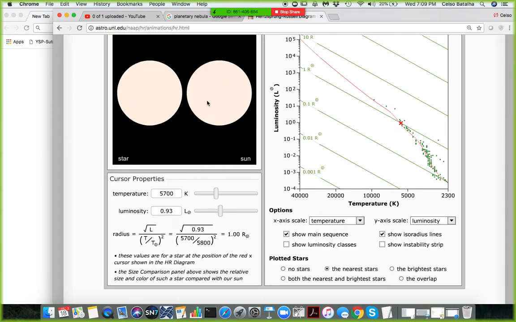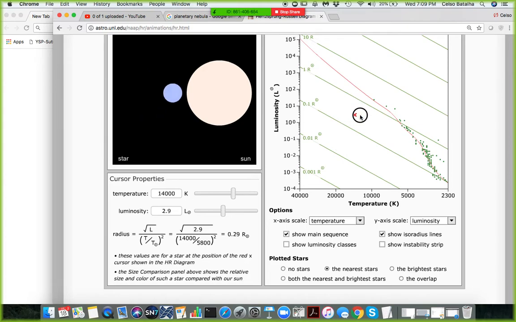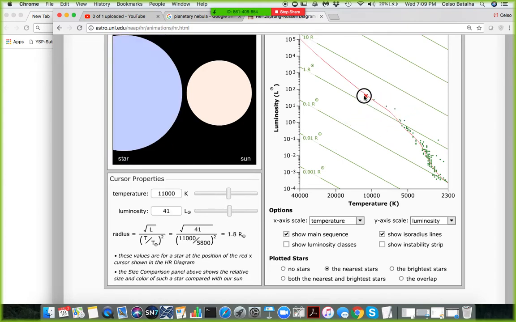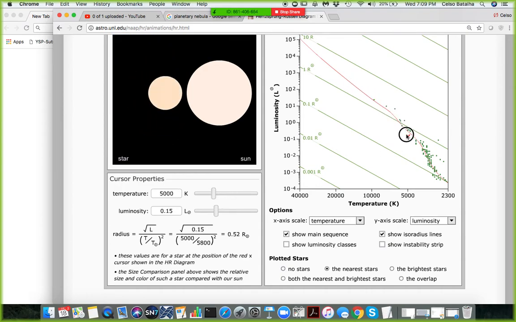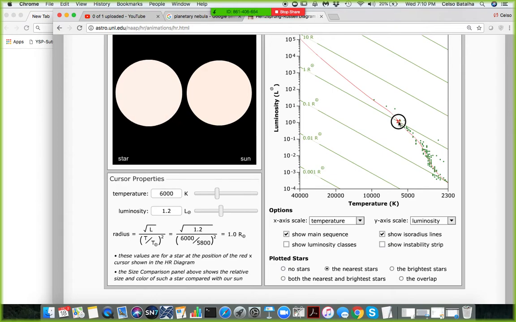The sun is fixed in this part of the diagram, but if I move this cross to different locations, I can see what type of star I might be able to see. But the point is, the sun is somewhere here. That's the sun right there.